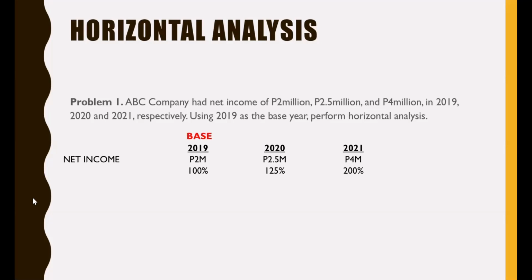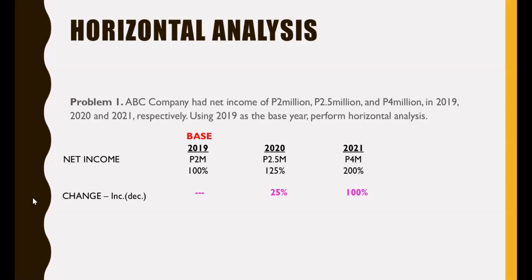Now, from these percentages, we can derive the changes that transpired in 2020 and in 2021. Changes, of course, will be either an increase or a growth in terms of income, or a decrease or a decline in terms of net income. So for 2019, of course, there will be no answer. But for 2020, there is an increase of 25%.